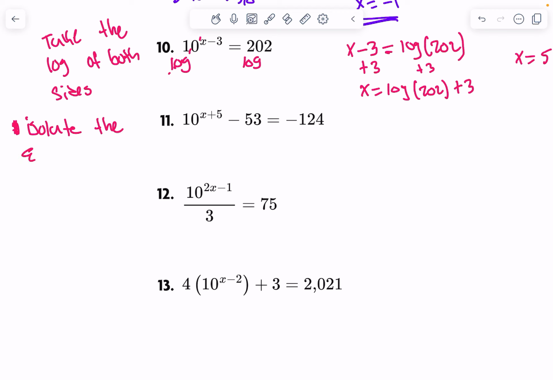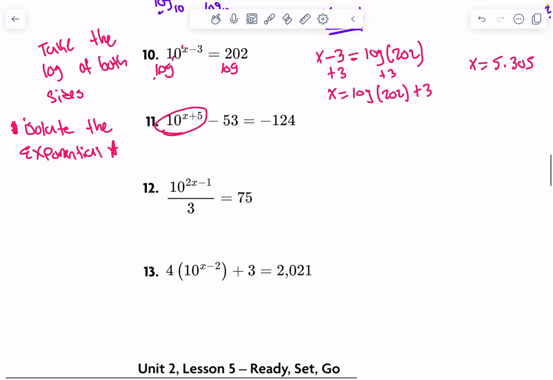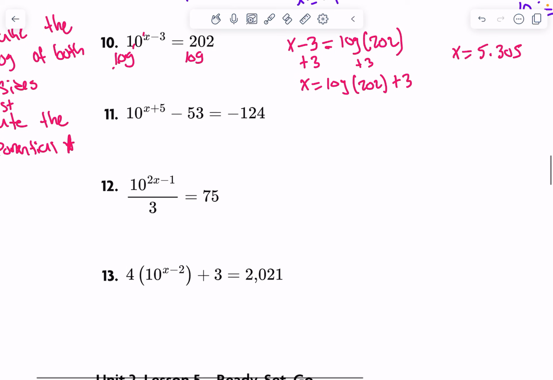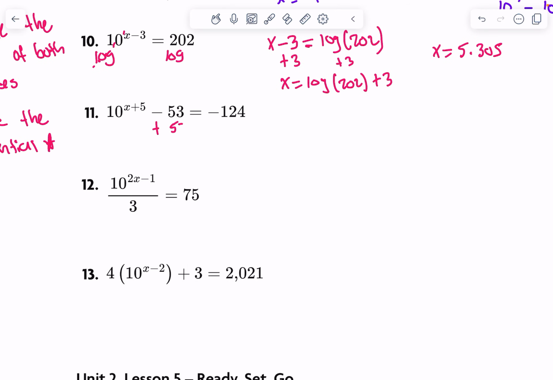For 11, again, you want to isolate the exponential. So what do I mean by that? I want to have this by itself first. So I want to add 53. Add 53, 53.